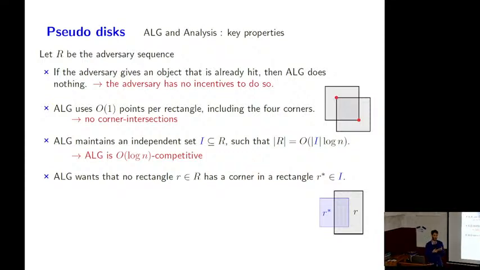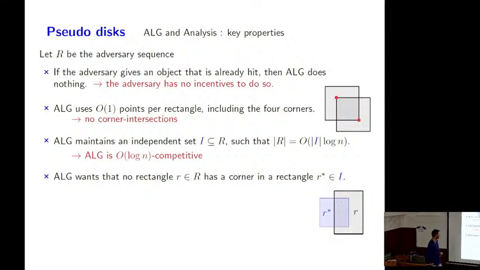Because one has to arrive before the other. So we will never see this type of intersection. We will only have to deal with containment and side intersection. One property of our algorithm is that it will maintain some independent set I, always represented by the blue color, such that the length of the sequence is at most the size of I times log n. This implies that the algorithm is log n competitive if we manage to do so.